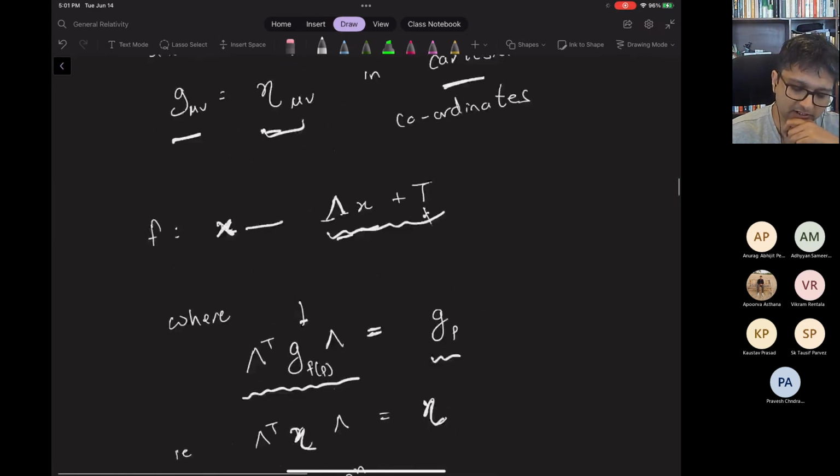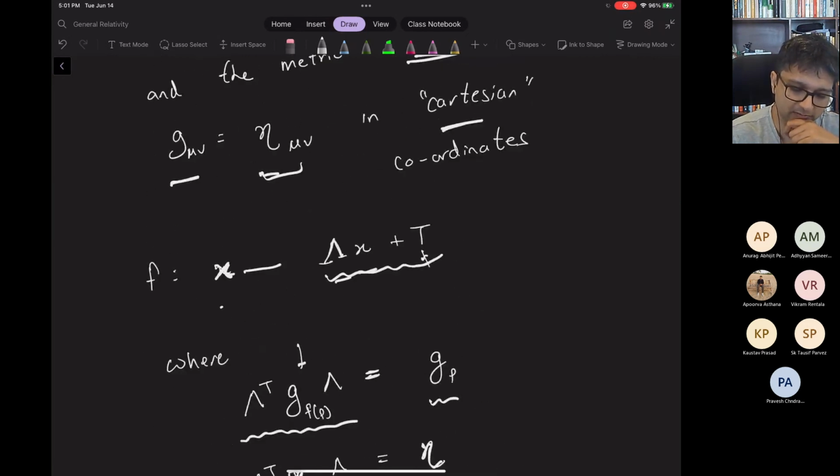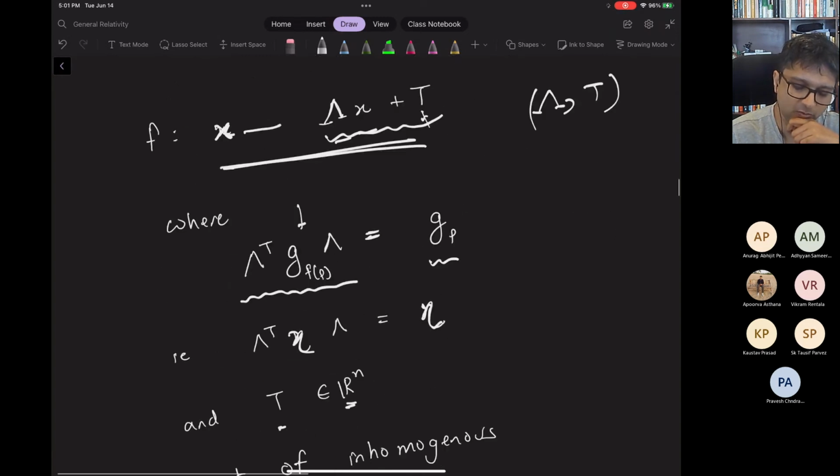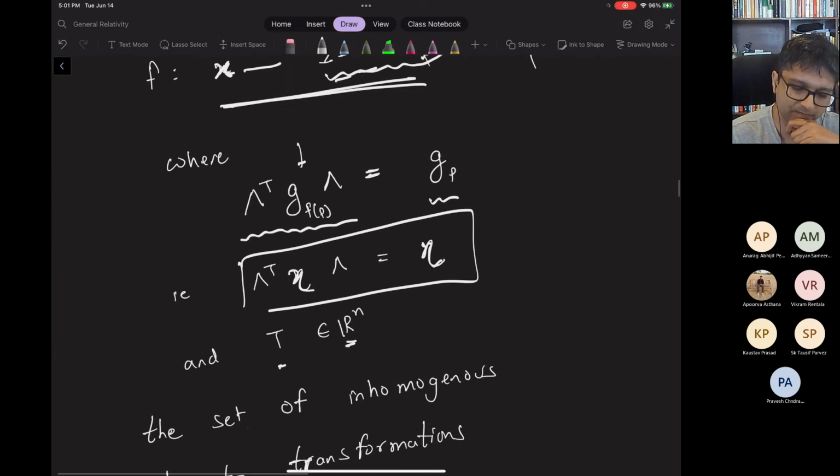So the set of transformations like this, which are specified by a choice of lambda and a choice of t, where lambda satisfies this equation, you might recognize this as the set of matrices O(3,1), the set of orthogonal matrices with metric signature 3,1.